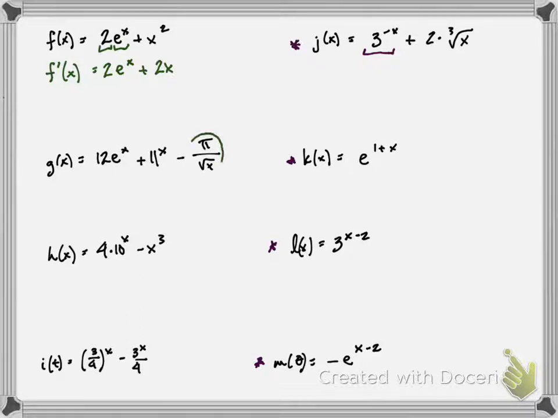I'll jump down to g prime, and I hope it's apparent that we need to rewrite this as pi x to the negative 1/2. So remember, pi over the square root of x is the same as pi over x to the 1/2, and if we jump the line and change the sign, now you're ready to derive this piece. It's in the format k times x to the n. So g prime of x then is 12e to the x plus 11 to the x times the natural log of 11.